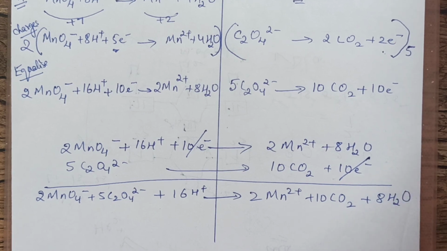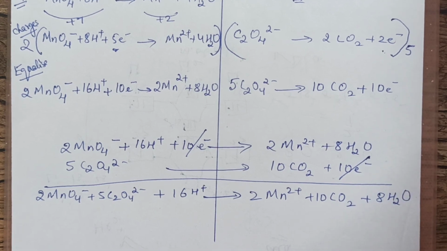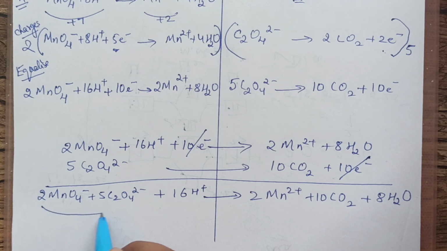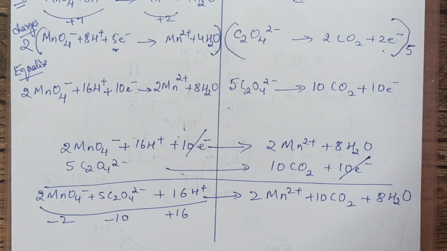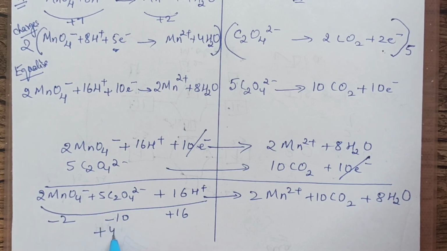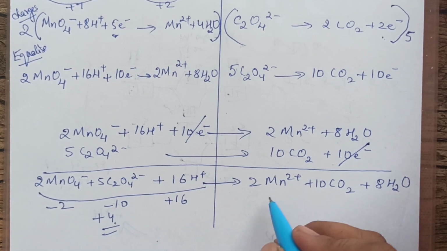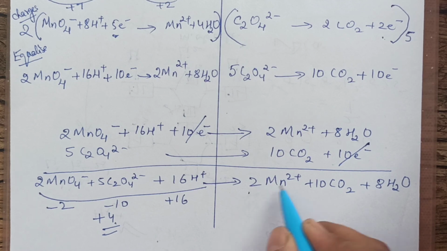Clear? Now let us see the charges on the left and right hand side. What is the charge here on the left hand side? I'll see minus 2. This is 5 into 2, minus 10 you have. Then you have here plus 16. Right? So if we check, you're having on the left hand side plus 4 charge. And let us see on the right hand side. You have 2 into 2, 4.